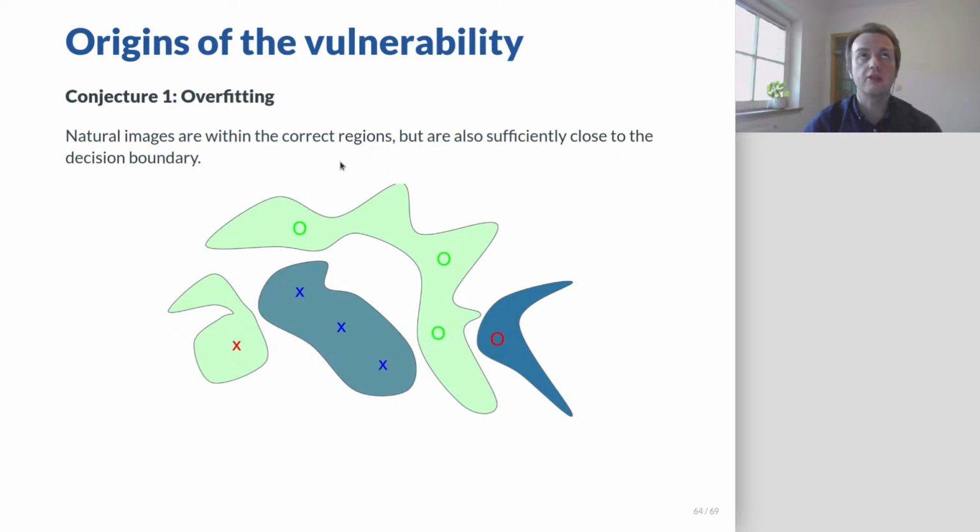If you remember that you are dealing with a very high dimensional space, in this case, the space of images of, I don't know, 1000 by 1000 pixels of 3 colors, that's a 3 million dimensional space. It's very likely that the image in this space is close, at least in one of these 3 million dimensions, to the boundary. And so it's just statistics at this point. It's very likely that one of the pixels will be close to the boundary. And therefore, if you identify this pixel and just make a random perturbation to it, maybe one or a few of them, that will flip or change the output of the network.